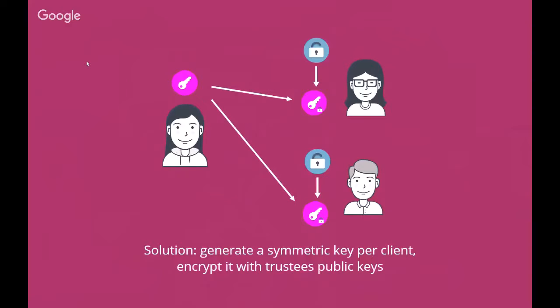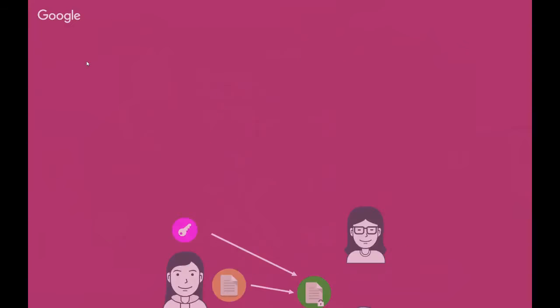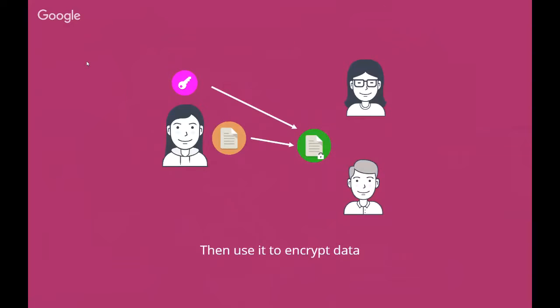So that's the solution we came up with. Each client registered on the platform gets a symmetric key generated. And then this symmetric key is encrypted for every trustee of this person. And then this key is used to encrypt data.